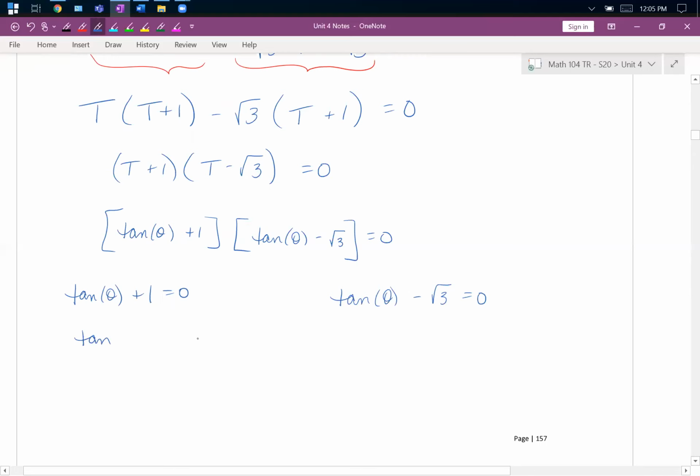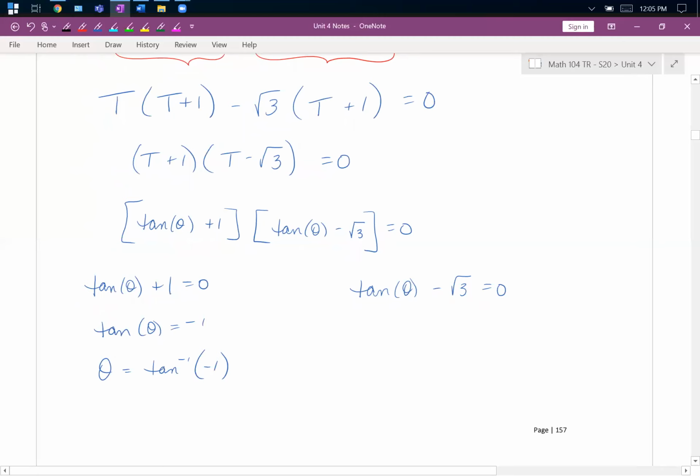So the first one, we get tangent of theta is equal to negative 1. So that means theta is equal to tan inverse of negative 1. We're looking for where on our unit circle tangent is equal to negative 1. Tangent is negative in quadrants 2 and 4.